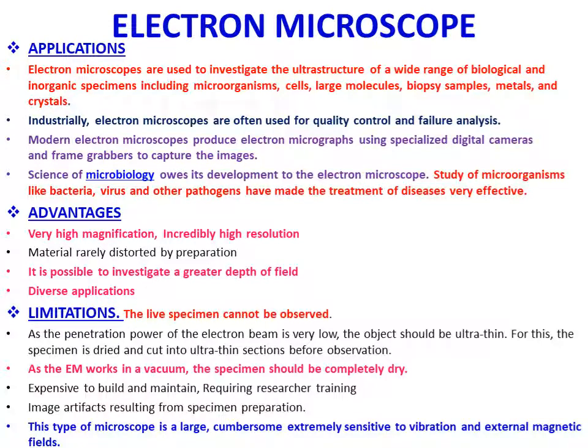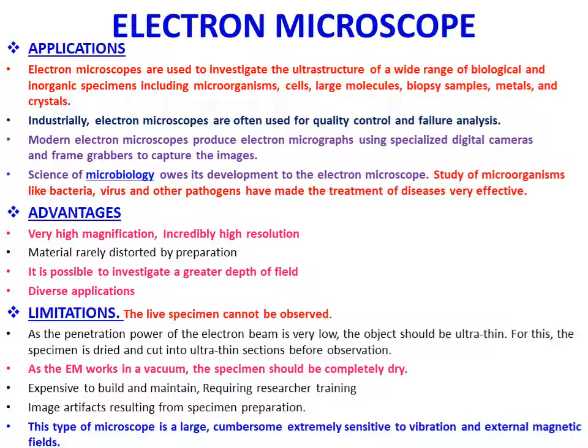Then applications of the electron microscope, advantages and limitations. Electron microscopes are used to investigate the ultrastructure of a wide range of biological and inorganic specimens, including microorganisms, cells, plant cells and animal cells, large molecules, biopsy samples, metals and crystals.